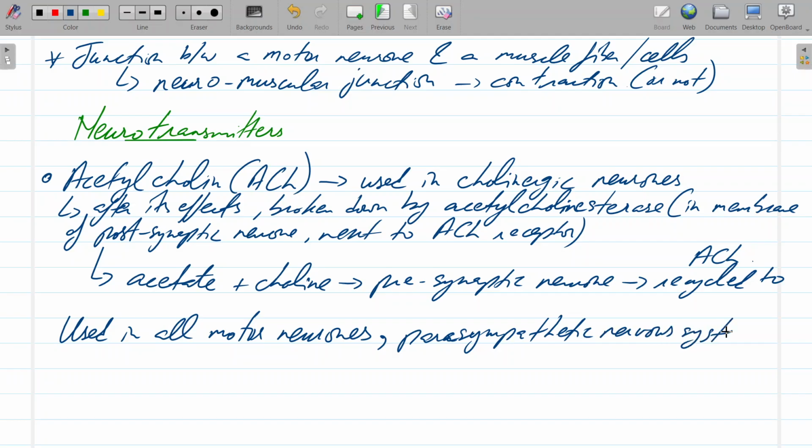The parasympathetic nervous system controls functions such as digestion. So it's part of the resting state of the body, as opposed to the sympathetic nervous system, which is responsible for fight or flight responses.